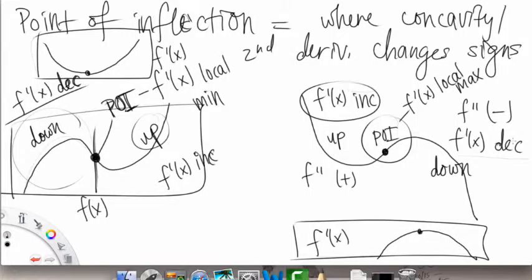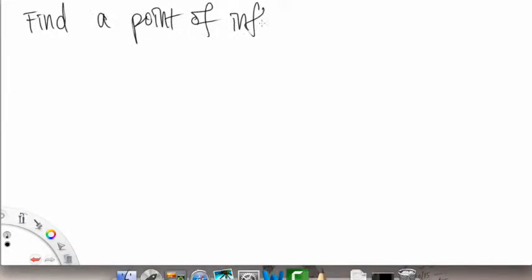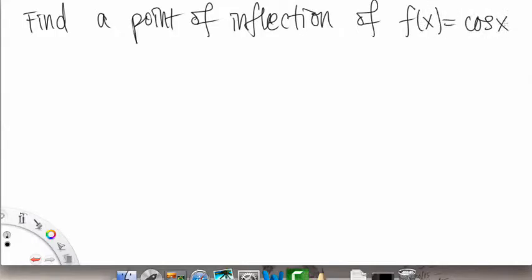Right, so now let's look in detail at our f prime of x, and we're going to just do an example. So let's find a point of inflection, and I'll give you a function, f of x is equal to cosine x, and we'll do it on 0 to 2 pi.